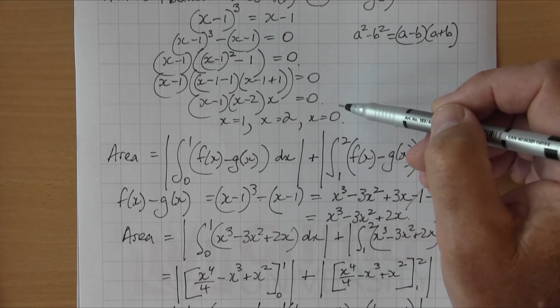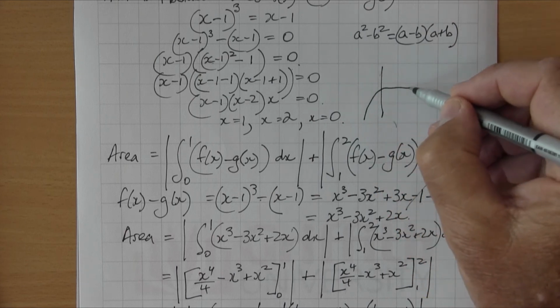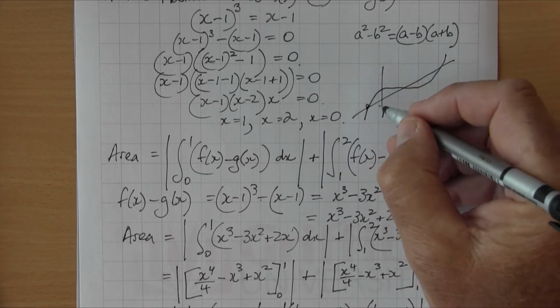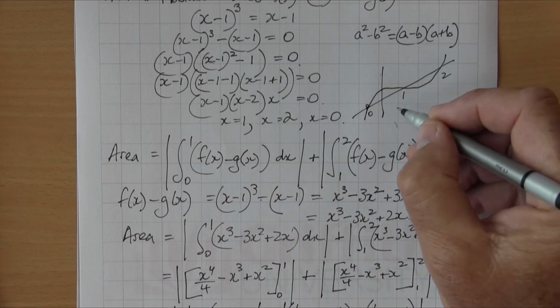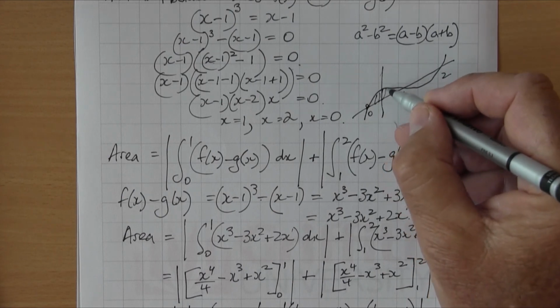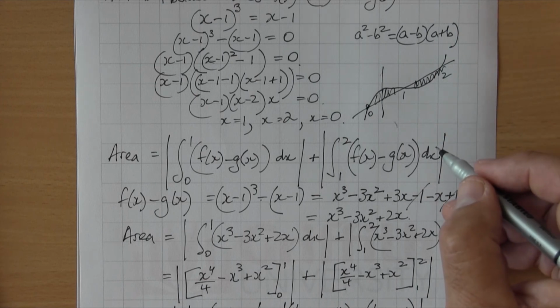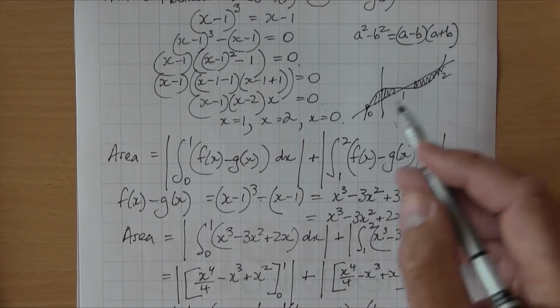So we're going to have regions. So the graph, something like this. So here we have a value of 0, 1 and 2, x equals 0, x equals 1 and 2. So we've got these two regions which we're actually trying to find the area of.